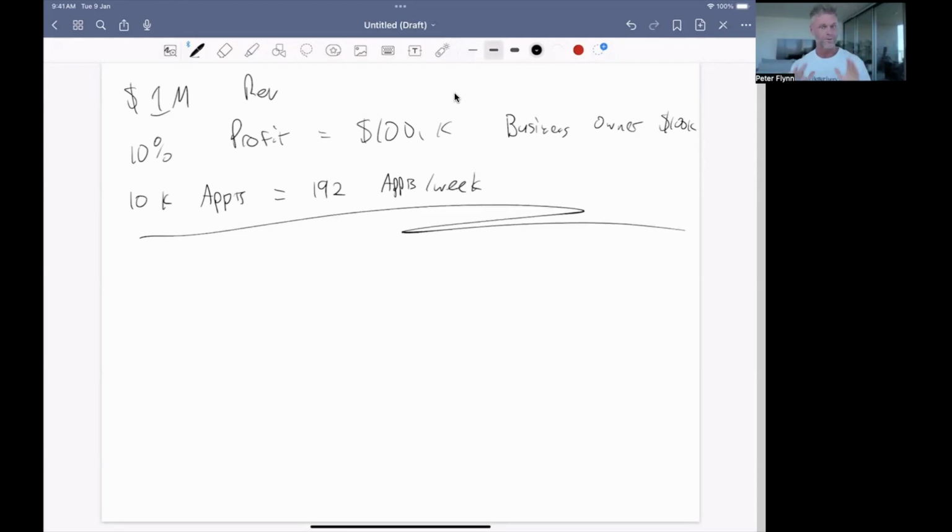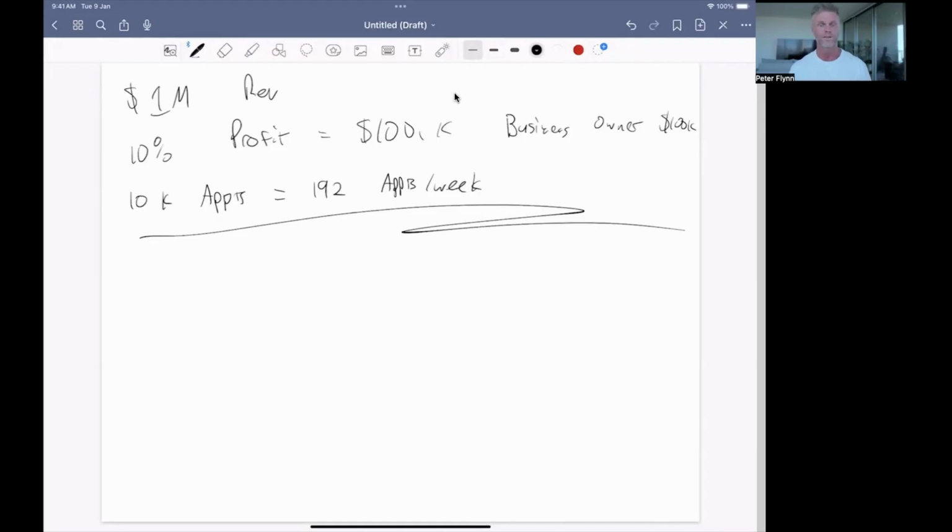Now we need to figure out where we're going to go, and then break it down into what we need to do in order to make this happen and make this achievable. So let's say that over the next year, we want to get to 1.5 mil rev, and we want to increase the profit margin to 12%.